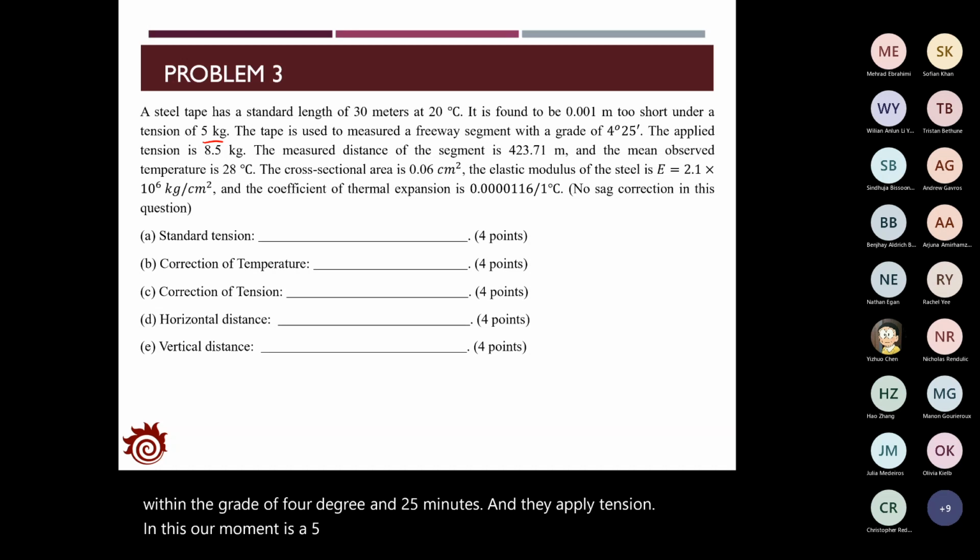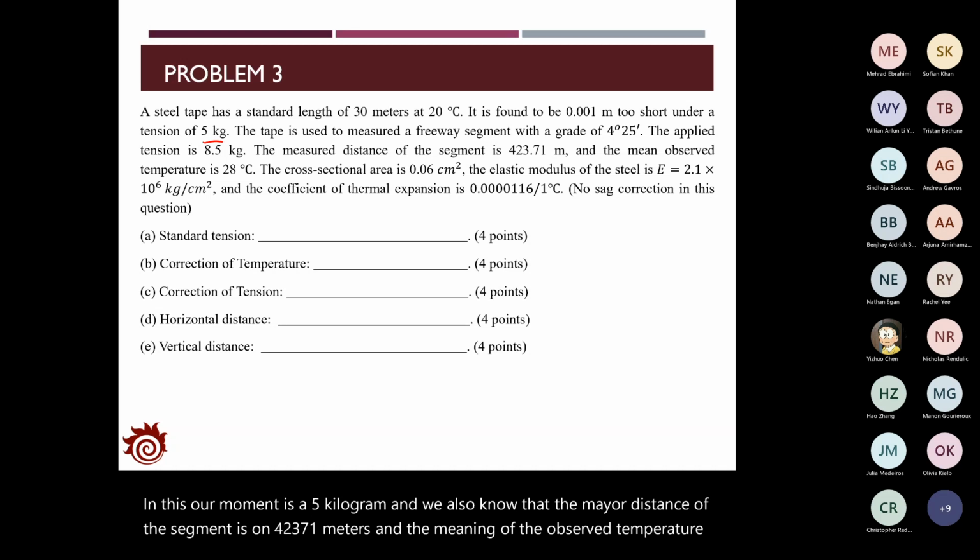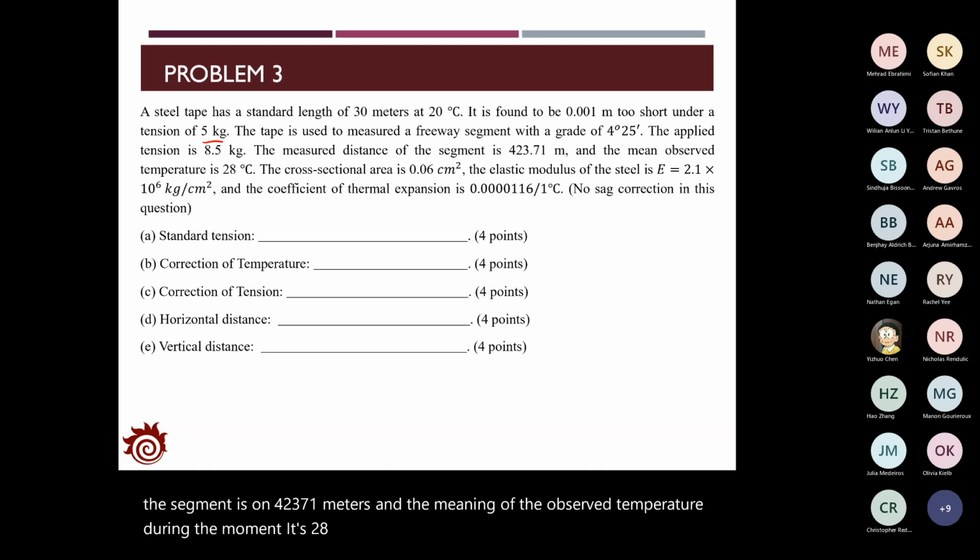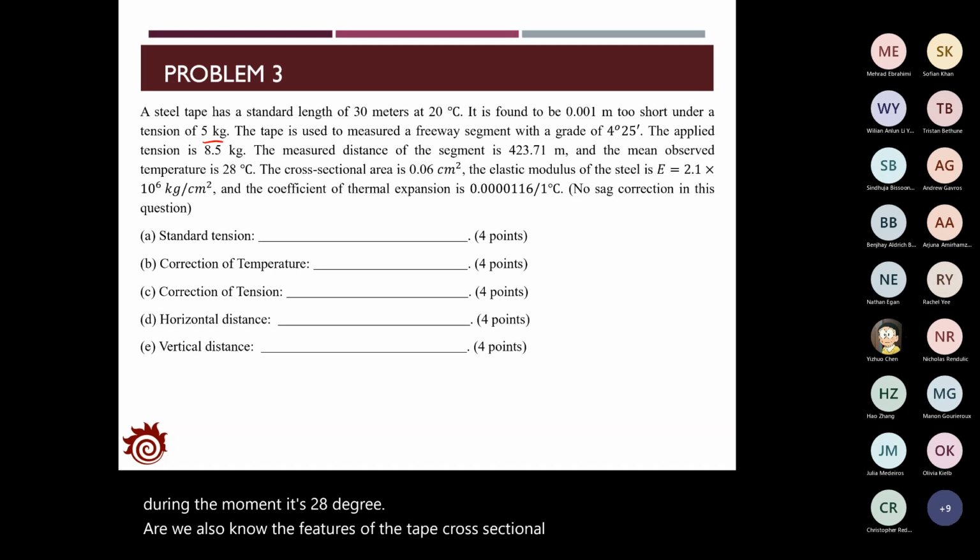We also know that the measured distance of the segment is 423.71 meters, and the mean observed temperature during the measurement is 28 degrees. We also know the features of the tape. The cross-sectional area is 0.06 square centimeters.